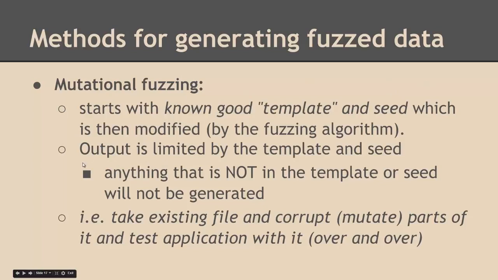Now, the output of a mutational fuzzing strategy is only as good as the mutator and the inputs. This fuzzing strategy can't figure out new inputs unless it gets lucky, and it is strictly limited to the features captured by the sample body of inputs, or the seed files, otherwise known as a corpus.